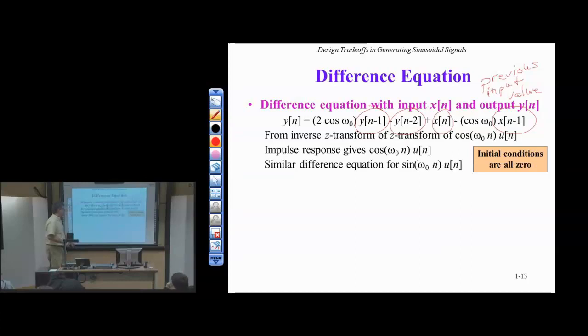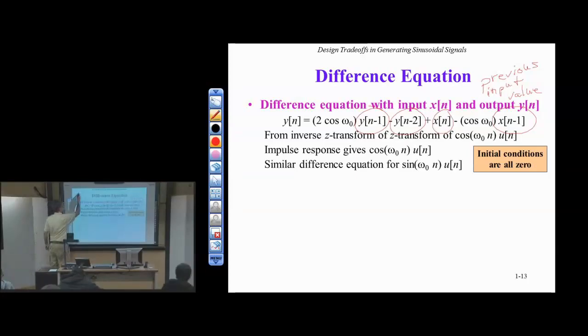Now, where this difference equation comes from is it comes from the inverse Z transform of the Z transform of a one-sided cosine. And that's what you'll explore in homework. So it's basically an impulse response of a system. So what does that mean?